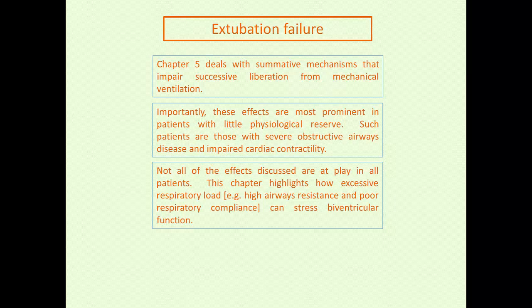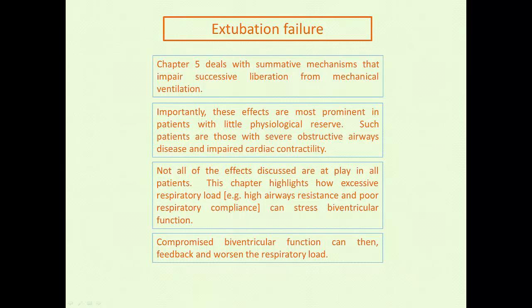And more importantly, I want to highlight how respiratory load, that is abnormalities of airways resistance and thoracic compliance, and especially pulmonary compliance, which are essentially how we analyze the pulmonary determinants of physiology on the Campbell analysis, can feed back and impose stress upon both ventricles and can cause the so-called vicious cycle.